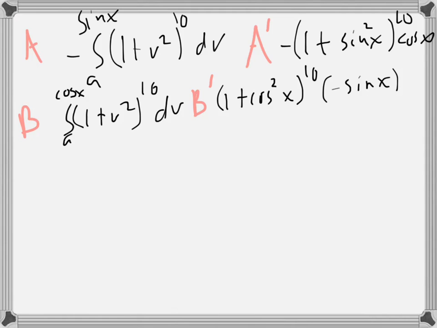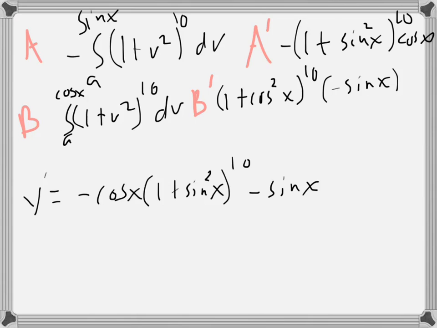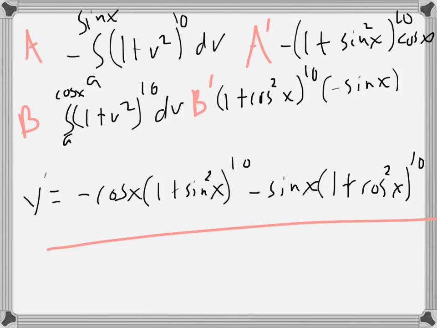So when I add those together, I get y prime is equal to negative cosine x, (1 plus sine squared x) to the 10th, minus sine x, (1 plus cosine squared x) to the 10th. And that right there is your answer.